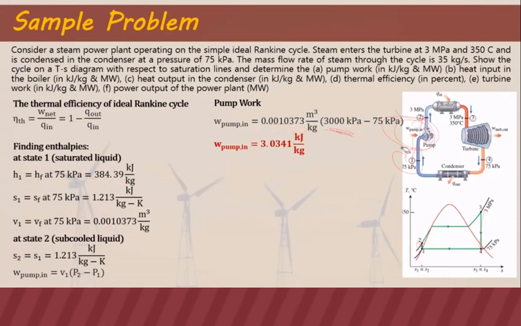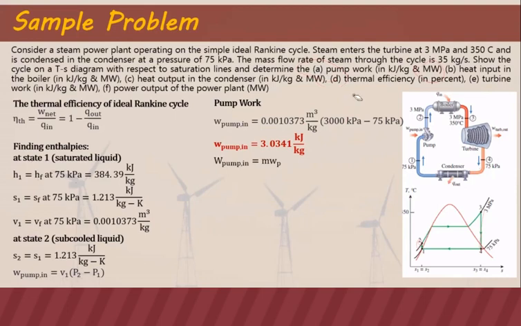As you can see here, we already have our first unknown, and that is the pumping work. The pumping work is 3.0341 kilojoules per kilogram. We also have to compute it in megawatts, so we will multiply this by the mass flow rate.